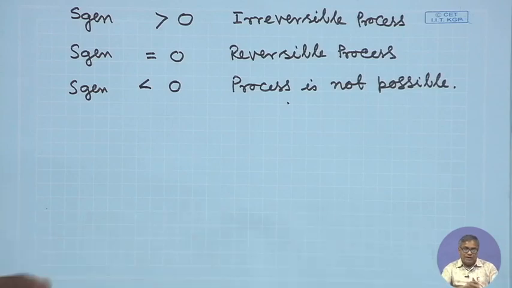Though it will be available in most of the books of thermodynamics, I would like to spend just a couple of minutes on how one can calculate the change in entropy during a process for different substances.